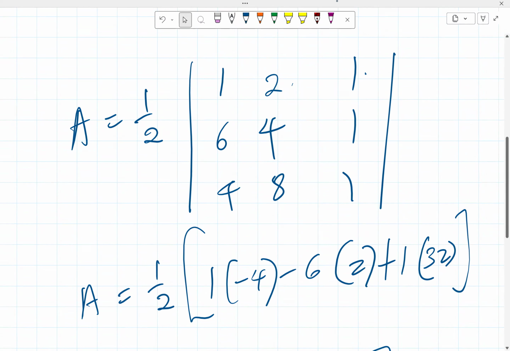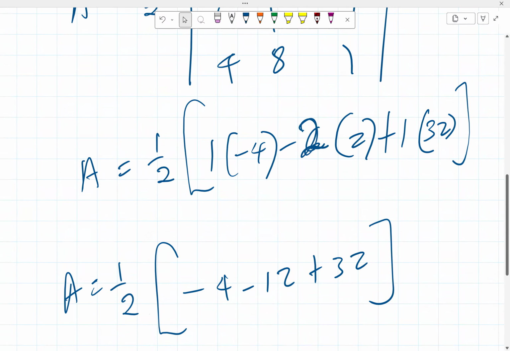So I have this. So 1 is fine. 1, cover this, that's minus 4. Then minus 2 now into 2, correct? Plus 1 into, cover this and this, that's 48 minus 16, that's 32. Okay, I think that's it. Minus 4 plus 32.